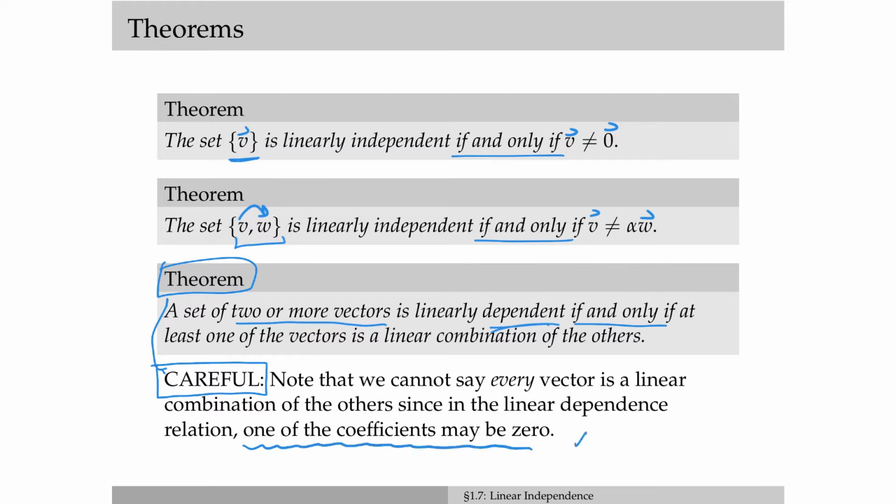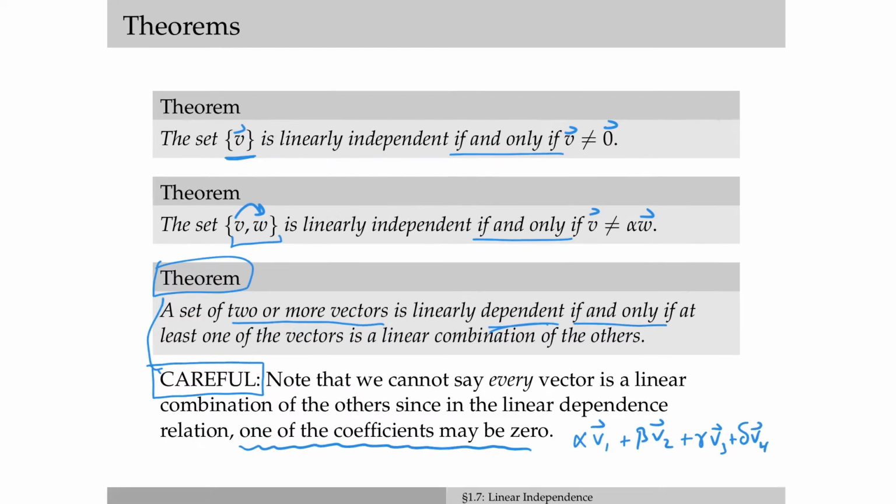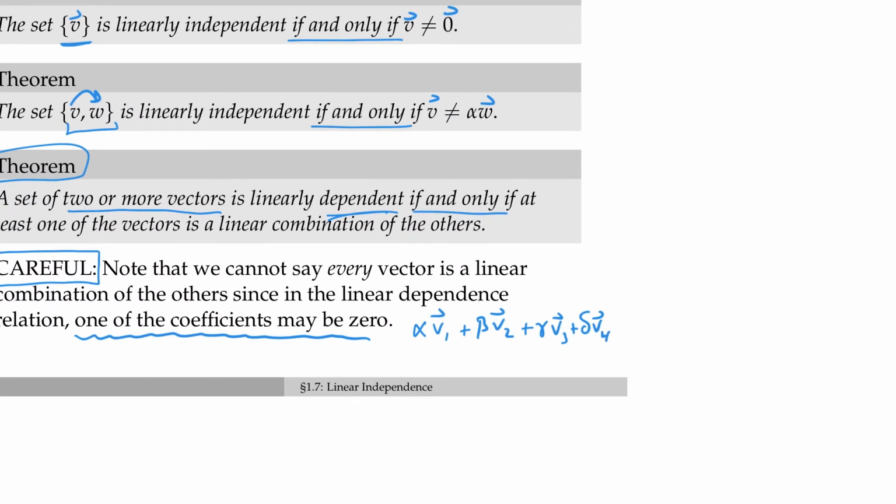So for instance, when I take alpha V1 plus beta V2 plus gamma V3, let's actually throw an extra one there, delta V4. Let's hypothetically say that that vector equation has the solution alpha, beta, gamma, delta equals 1, 0, 0, negative 1.